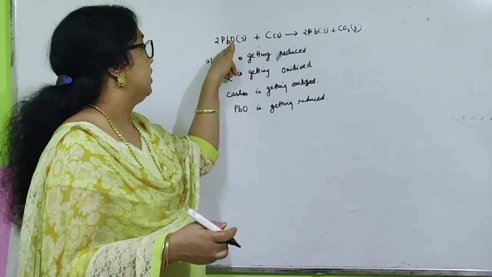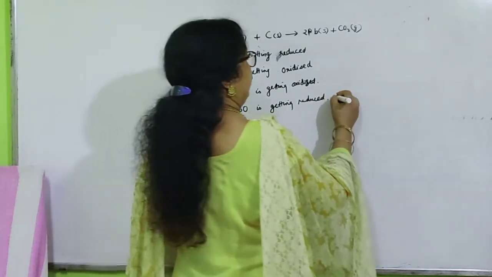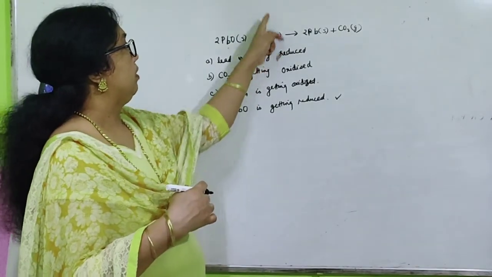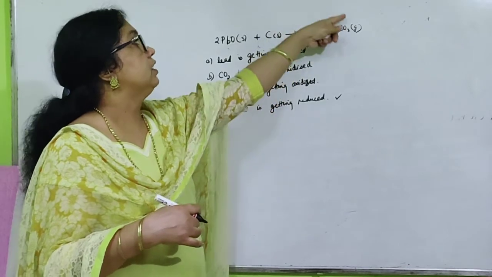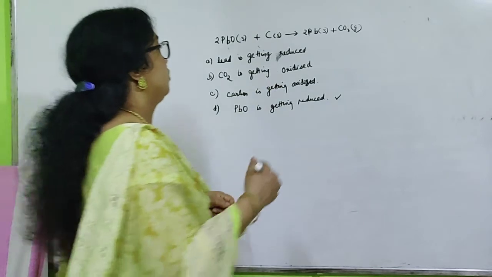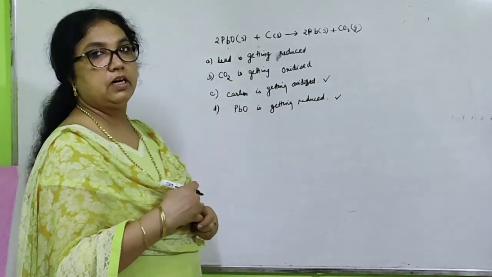So lead oxide gets reduced. This is correct. And to carbon, oxygen is added. So carbon gains oxygen, that is an oxidation reaction. So carbon is getting oxidized. That is also correct. So both C and D are correct.